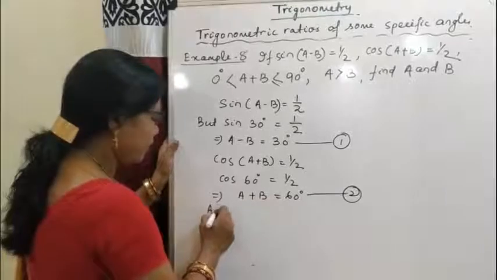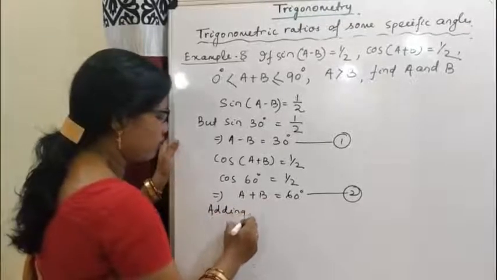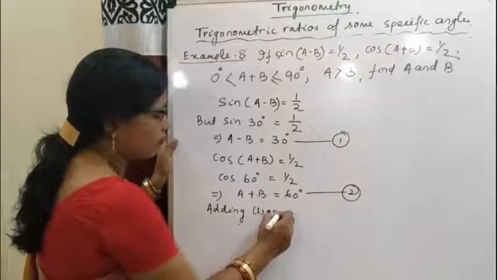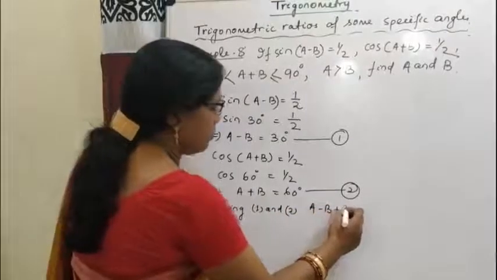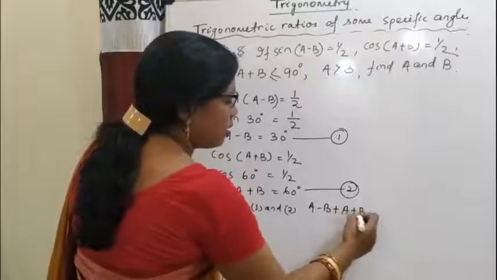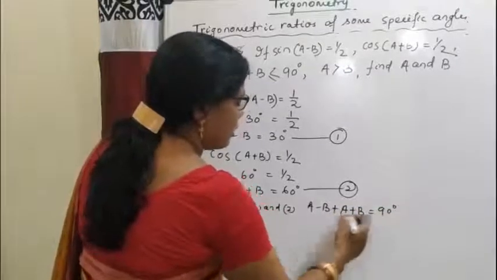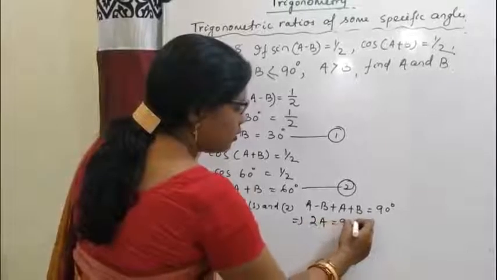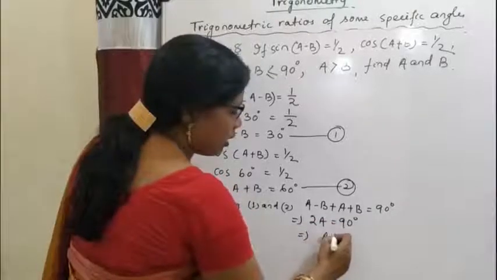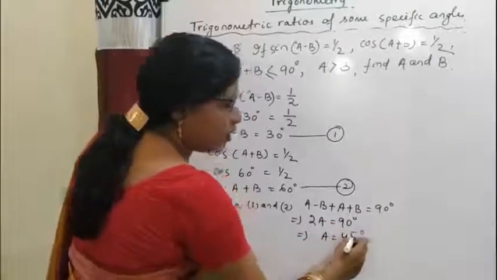Adding 1 and 2, we get A minus B plus A plus B is equal to 90 degree. So this implies 2A is equal to 90 degree, or A is equal to 45 degree.